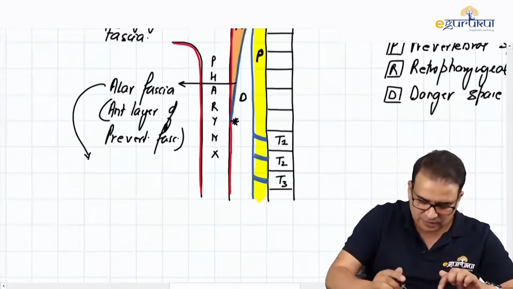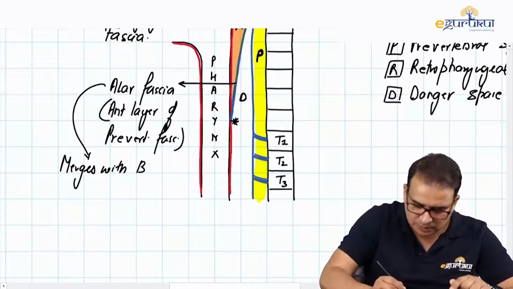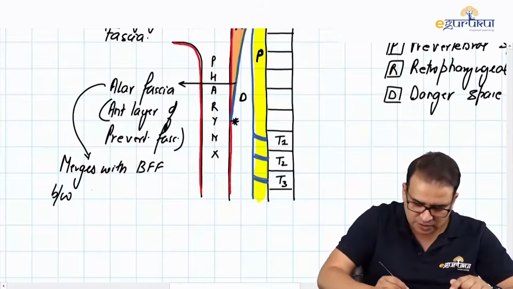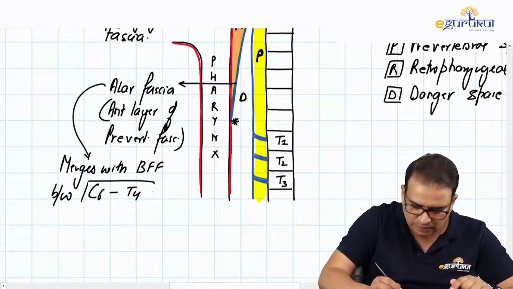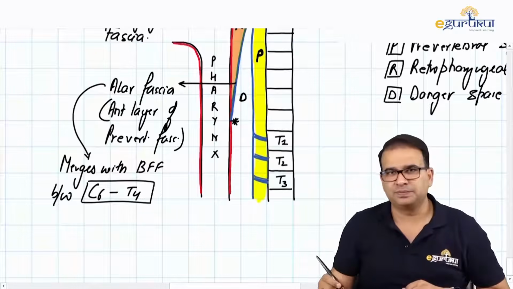This alar fascia merges with the buccopharyngeal fascia between C6 and T4, so you cannot pinpoint it. That fusion can be seen anywhere between C6 to T4.